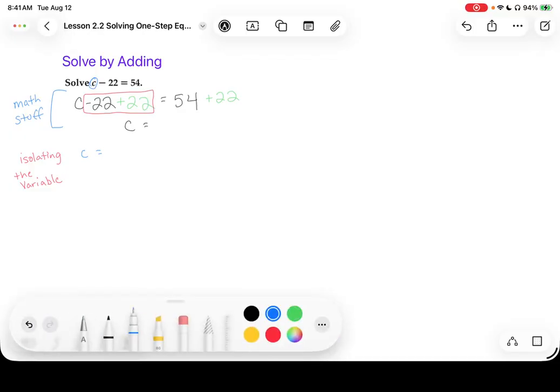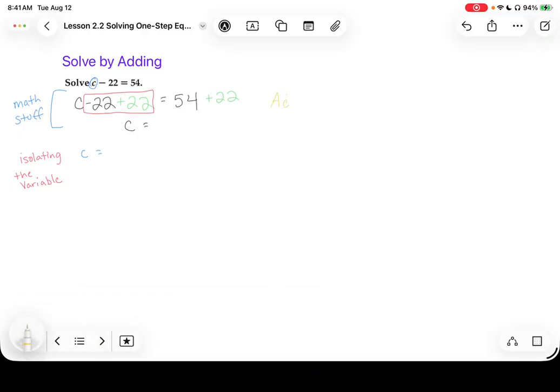The reason I'm allowed to do this is because of a property called the addition property of equality. The addition property of equality says you can add anything you want to one side of an equation as long as you add the same amount to the other side of the equation.